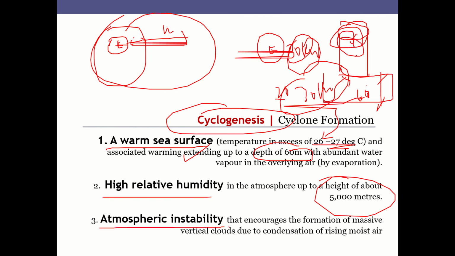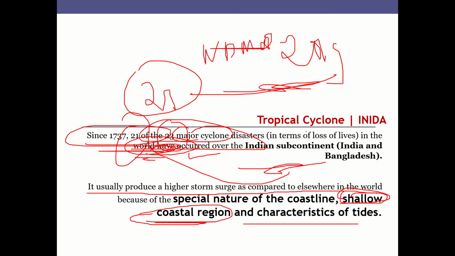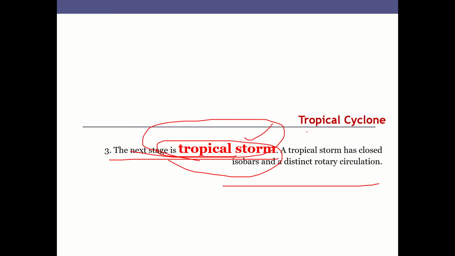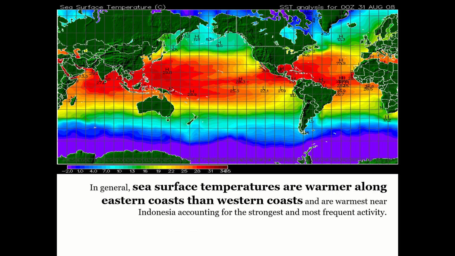Then atmospheric instability that encourages the formation of massive vertical clouds due to condensation of rising moisture. Okay, so now if you can relate to the image that I showed, once the surface is hot, we know that there is a cycle that takes place: hot air has the tendency to rise up, and as it rises up, I think now you can relate this discussion with this image.